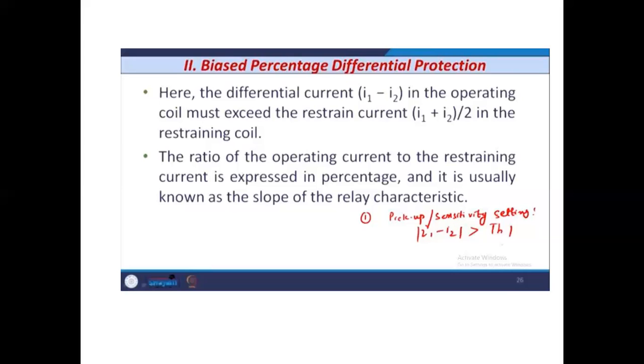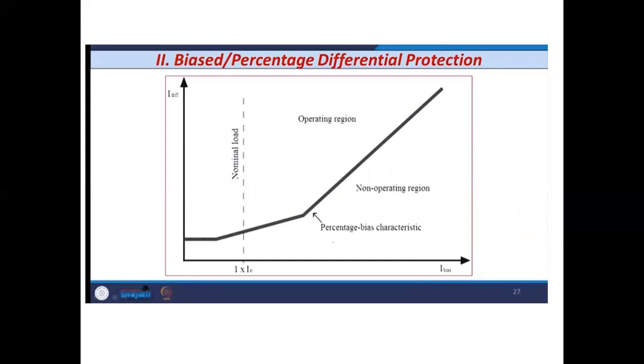If I consider the characteristic of a biased differential relay, then on the x-axis I have the I bias, and on the y-axis I have I differential. The bias current (I1 plus I2) divided by 2 is on the x-axis, and on the y-axis I have the differential current, that is I1 minus I2.